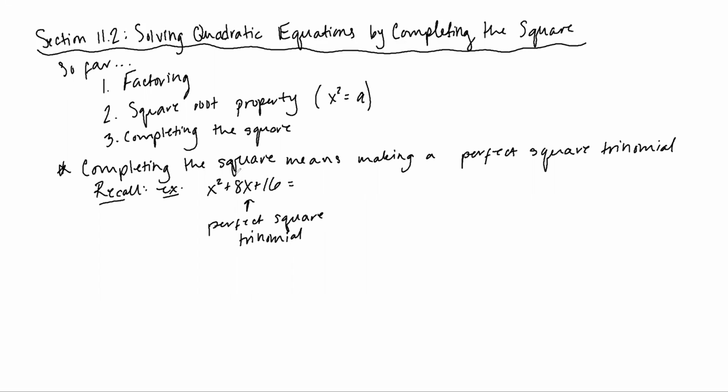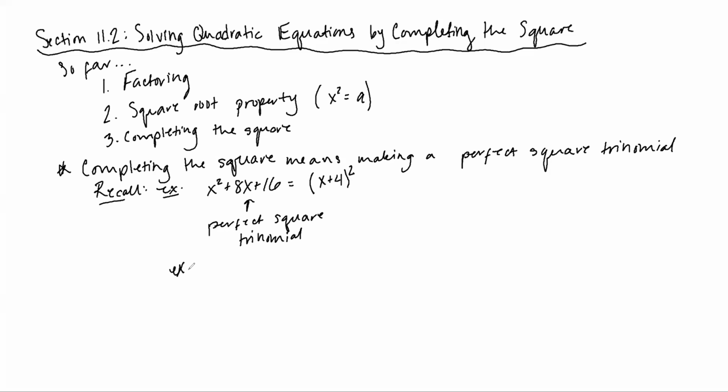And then the middle term, if we double 4, we get 8. So there's some kind of relationship here between the last term and the middle coefficient. And then this, if we went through and factored it, would turn into x plus 4 squared. So it gives us some quantity squared, and then we'll eventually use the square root property when we're solving these.